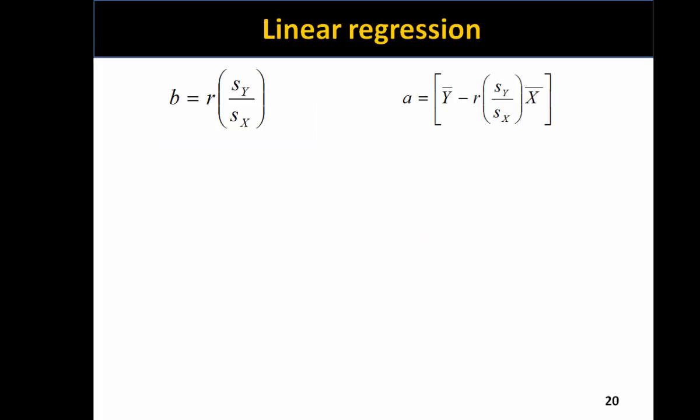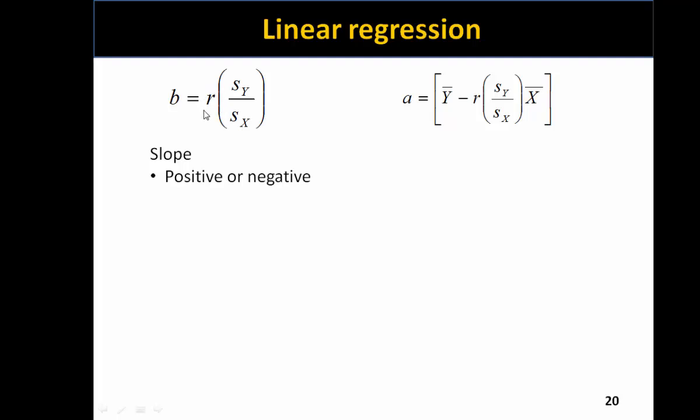These are the equations to compute the B coefficient and the A coefficient. We'll start with the B coefficient. The B coefficient is the slope, how steep that line is on the scatter plot. This could take on a positive or a negative value that is going to be dependent upon the R statistic that we had calculated earlier.